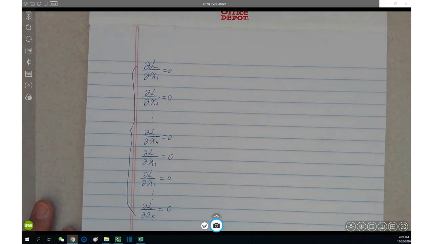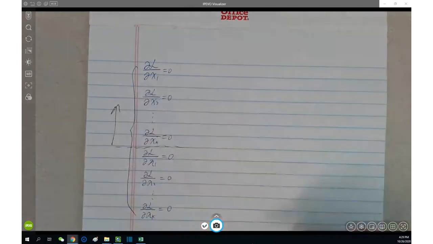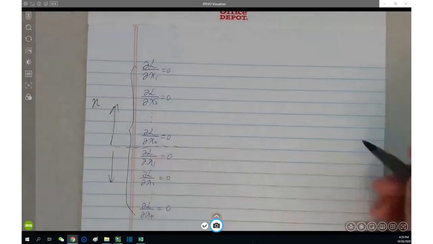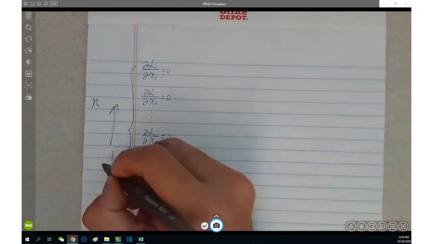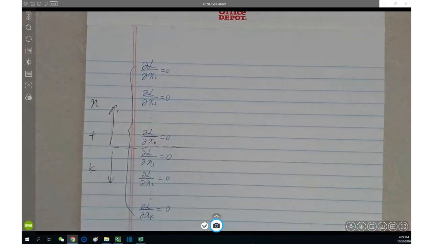More partial derivatives are involved. So we can also easily tell, above here, how many equations? N, right? Below here, how many equations? K, right? So the total is N plus K, the number of equations you need to write.